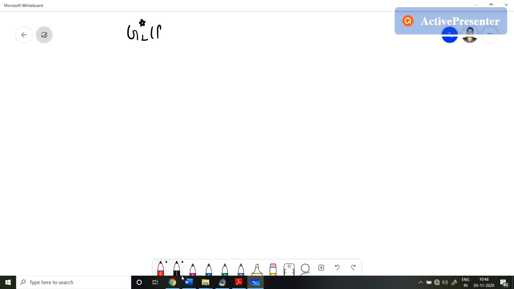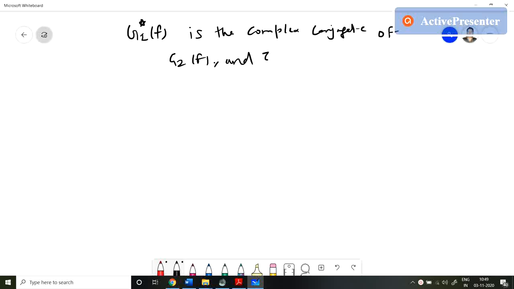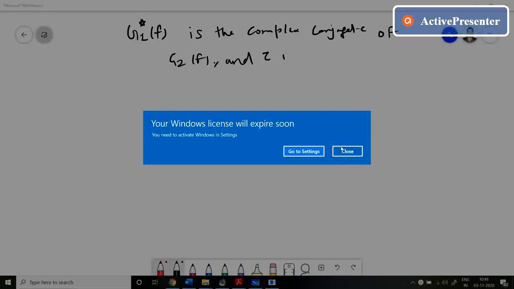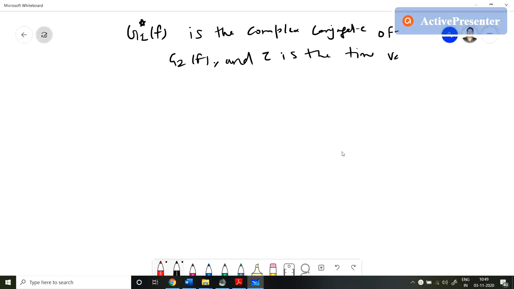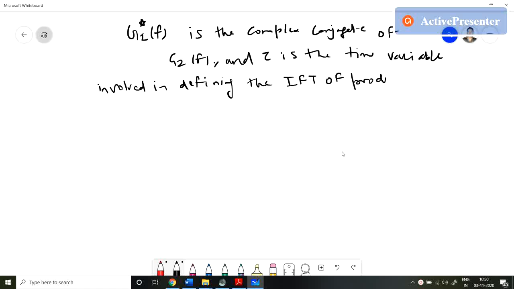G2 conjugate (f) is the complex conjugate of G2(f), and tau is the time variable involved in defining the inverse Fourier transform of the product of G1(f) and G2(f) conjugate.